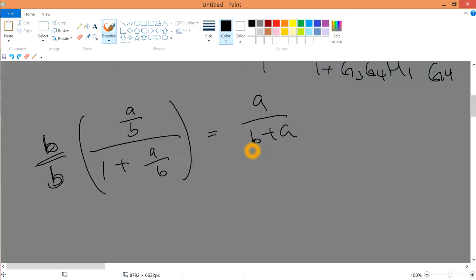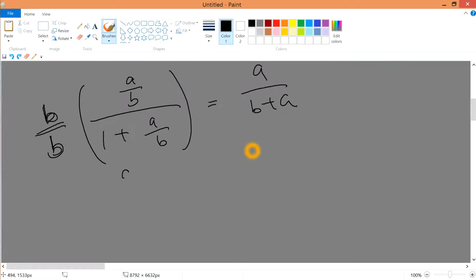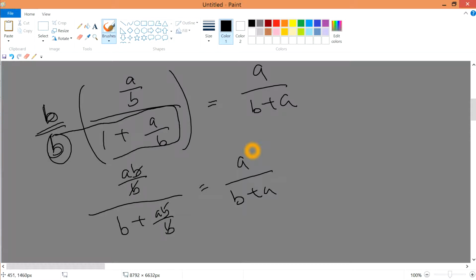You're just manipulating the variables, so I would have ab over b, 1 plus ab over b, and I cancel. I would have ab plus a. In fact, this is b because this b multiplies with the denominator, and this b multiplies with the numerator.